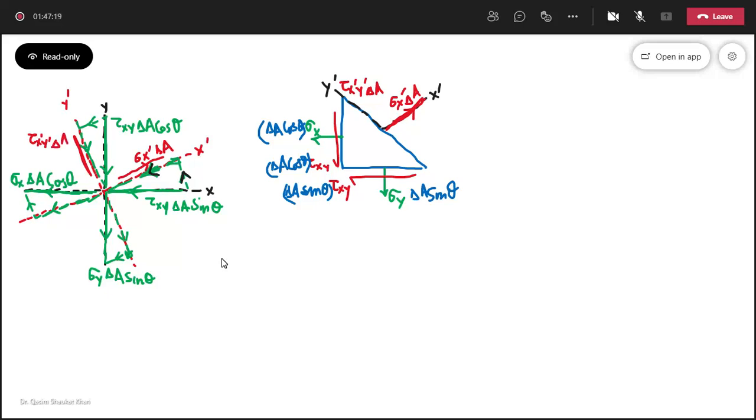Is this clear, guys? Tau x dash y dash into delta A.